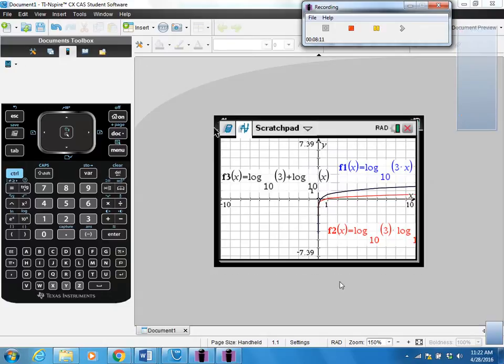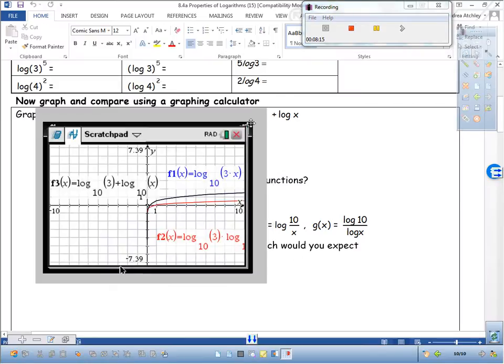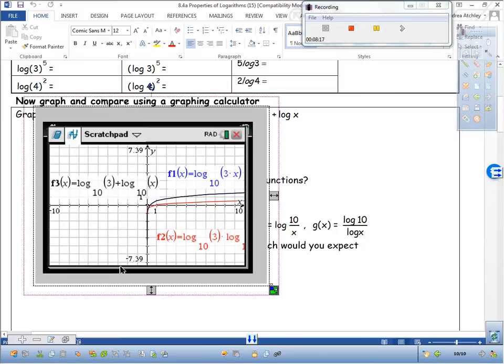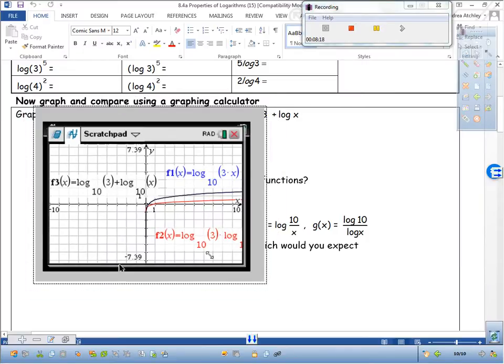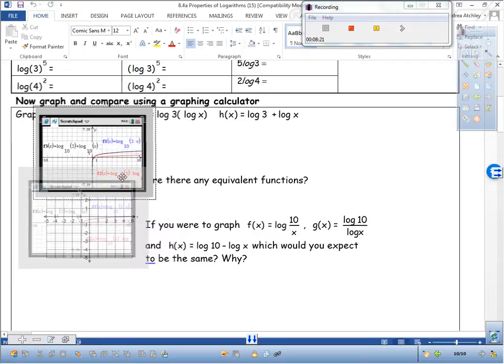These are what our graph should look like if you graph all three of those. .36? Oh, sorry, I had that wrong then.